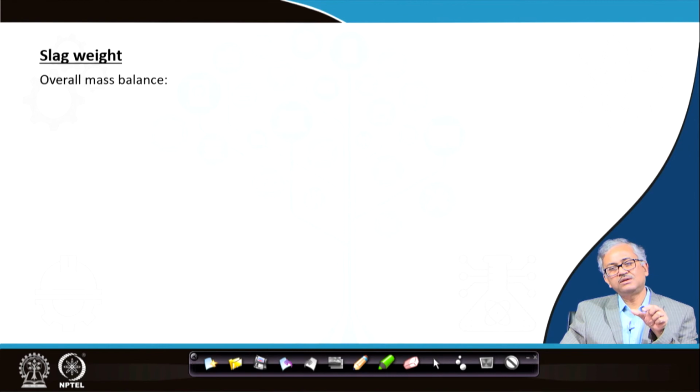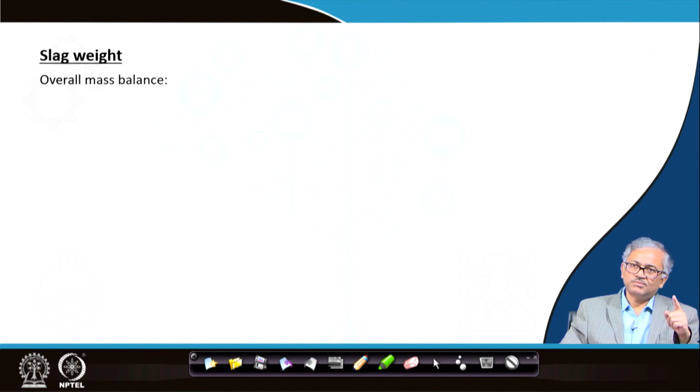So that way, if I make a silicon balance, I can know how much silica will join the slag. Similarly, if I make a phosphorus balance, because I know the composition of phosphorus in the hot metal and how much phosphorus is coming through the ore, then I can easily know how much phosphorus will join the slag, as P2O5.